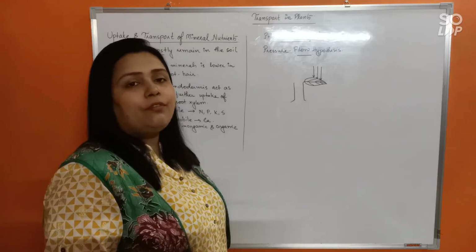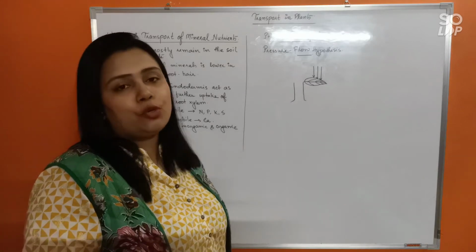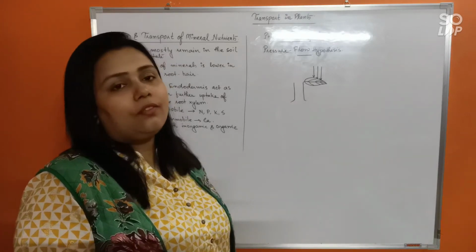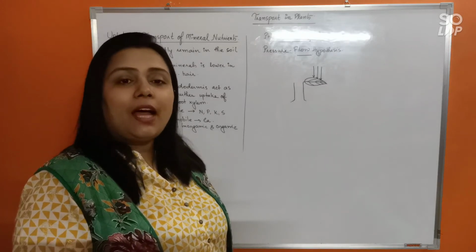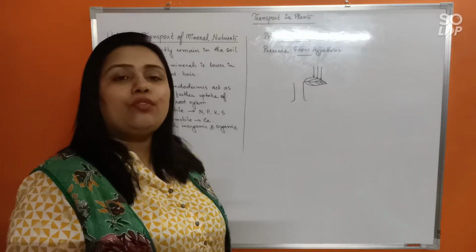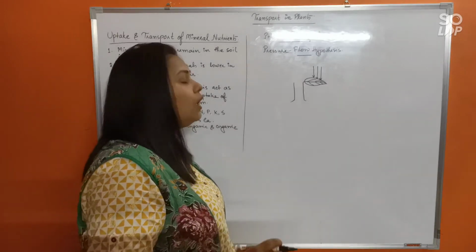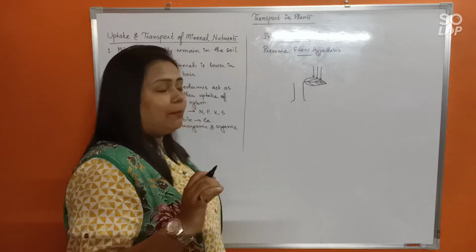Now do remember, the product of photosynthesis is glucose, but it is transported in the form of sucrose, and finally it is stored in the form of starch. It's very important.